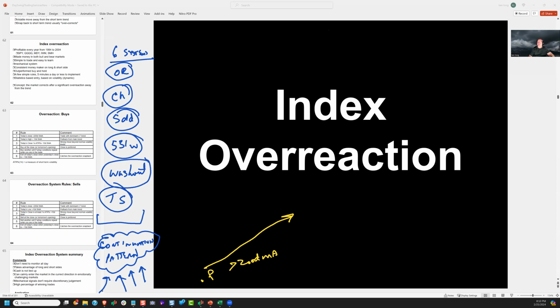And if we put a 10-period moving average on that as the boundary of normal, what we have in the overreaction is that some news event happens and price ends up dropping down to this location and closes at a certain distance, right? And what we're looking for on that is a sell-off.